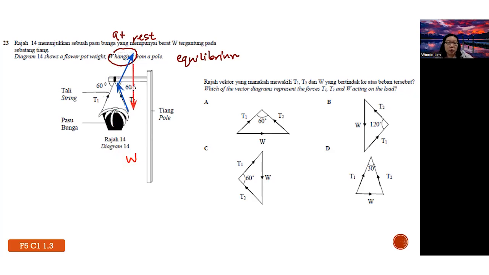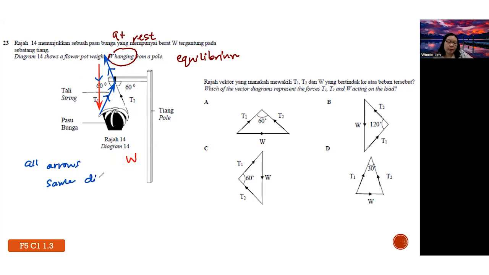For the options of the answer, basically they arrange it this way. For the vector diagram, if you notice, the arrowheads are all in the same direction. They are anti-clockwise, right?